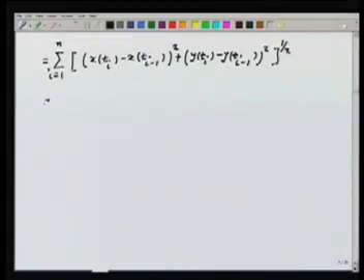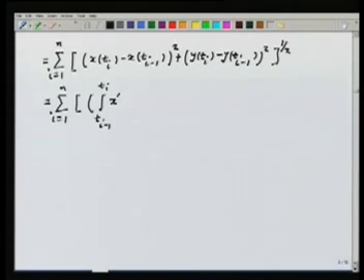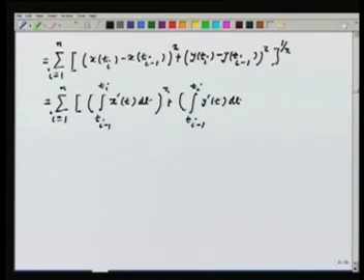So this I will write as summation i from 1 to n of (integral t_{i-1} to t_i x prime t dt) square plus (integral t_{i-1} to t_i y prime t dt) square, whole to the power half.